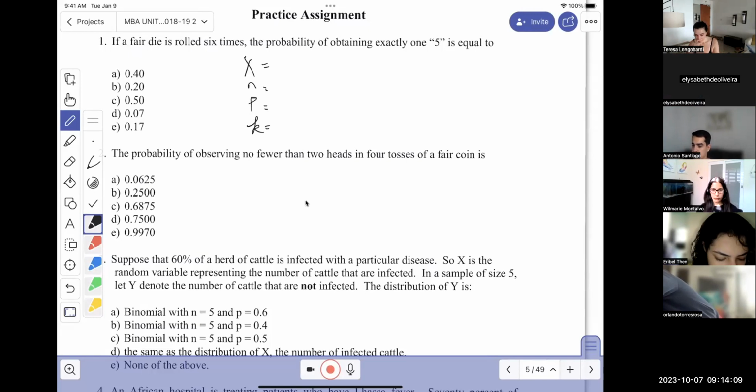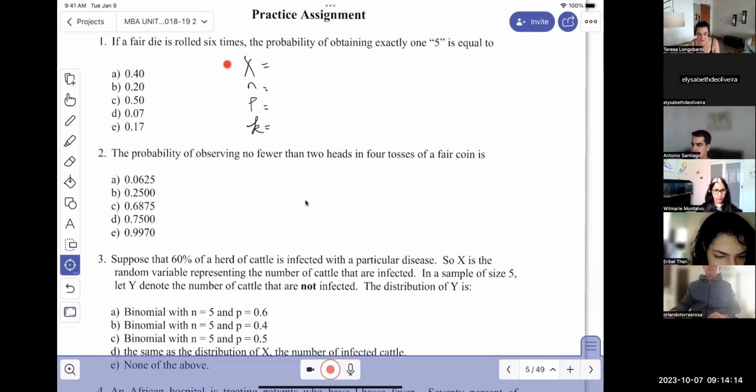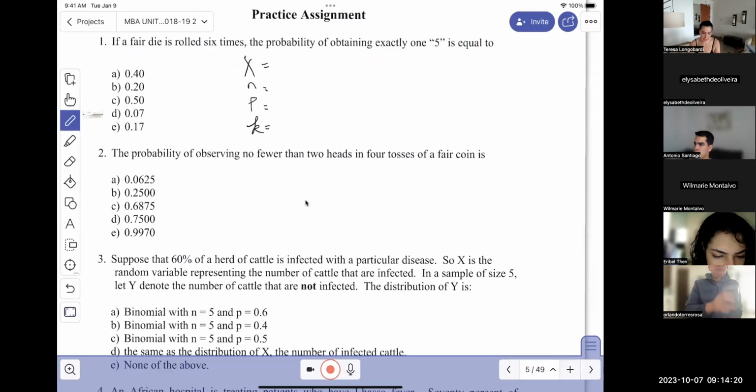So let's read the problem. If a fair die is rolled 6 times, the probability of obtaining exactly one 5 is equal to... Oh, I forgot to add. In a binomial, there are 3 characteristics or 3 criteria that have to be met.